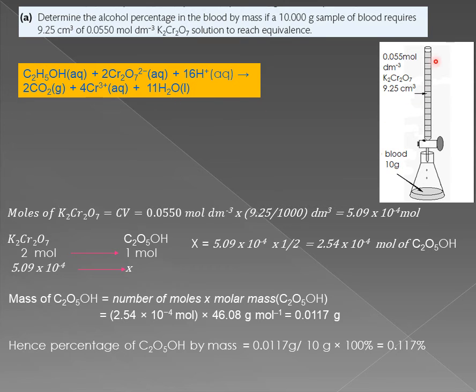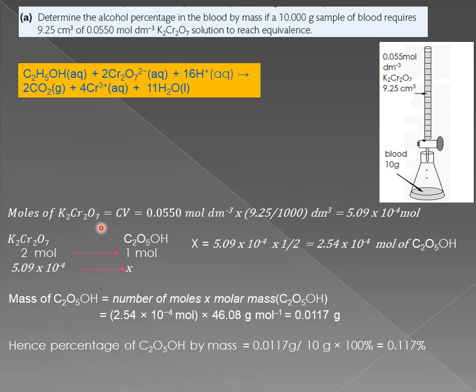So in the burette we added potassium dichromate, the concentration 0.055 mole per decimeter cubic. This is the concentration given, and the volume 9.25 centimeter cubic, and the sample titrated is blood, 10 gram blood.